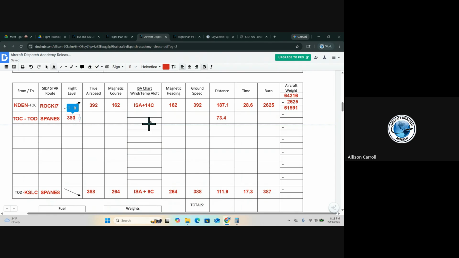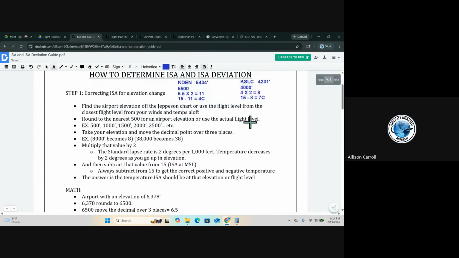So now we have these winds aloft that we have to correct for. True airspeed comes from the performance chart, but we need to figure out our ISA deviation for this portion of the route. And we haven't figured that out yet, so we don't know which chart to look at for cruise. So let's do ISA, because I know you guys love it.